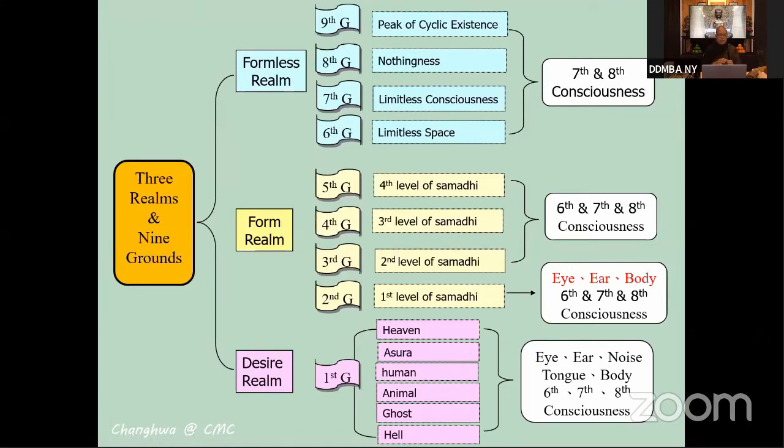Now, also through the map of the three realms and nine grounds that we talked about earlier, we can see that in the desire realm we have eight consciousnesses, so our five organs are fully functioning, and we basically need those four kinds of food.